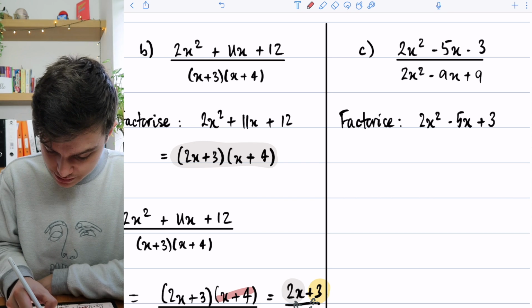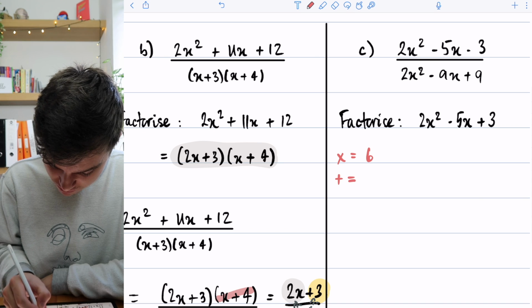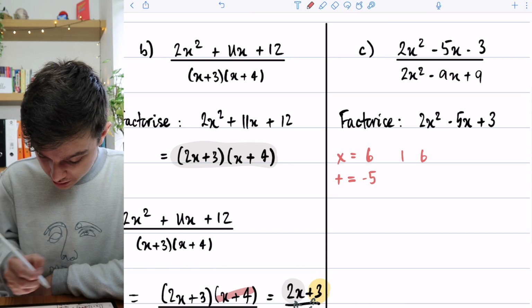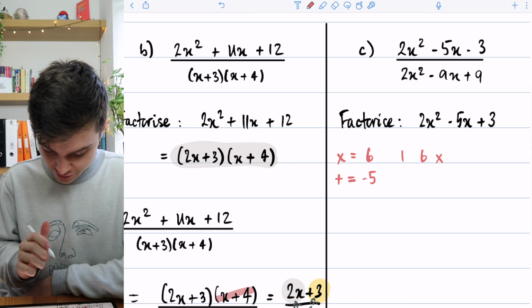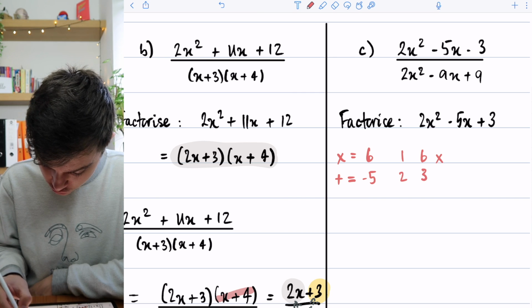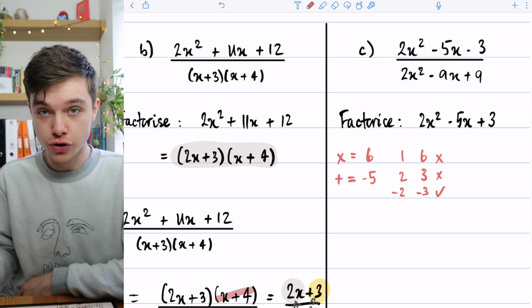So we need two numbers that times to give me 6 and add to give me minus 5. Okay. Well, that could be 1 and 6. That does not work, and the negatives don't work for that either. Okay, 2 and 3 does not work, but minus 2 and minus 3 does work.